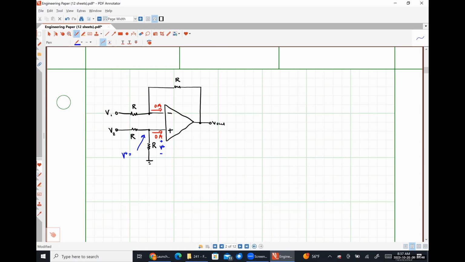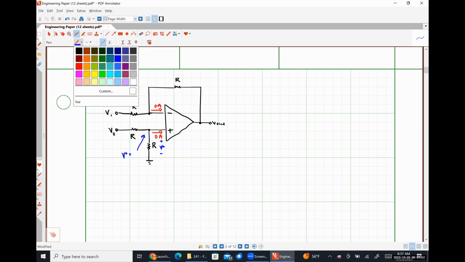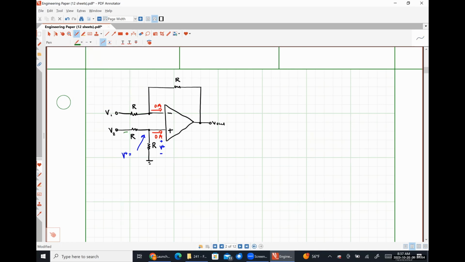So any current supplied by our source V2 is going to wind up flowing through this resistor R and then flowing through this resistor R on its path to ground. So from the perspective of our voltage source V2, all we see is two identical resistors in series, and we're just looking for the voltage drop across one of those resistors, which is exactly going to be V2 divided by 2.